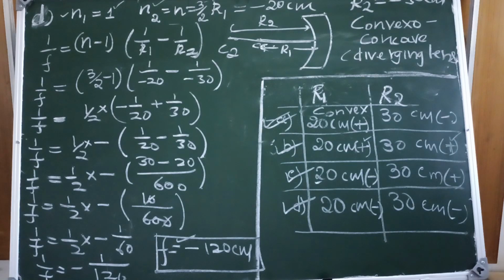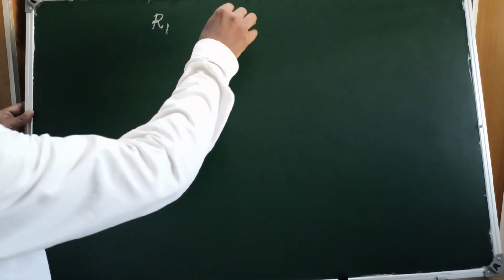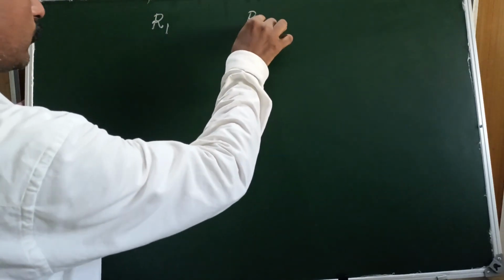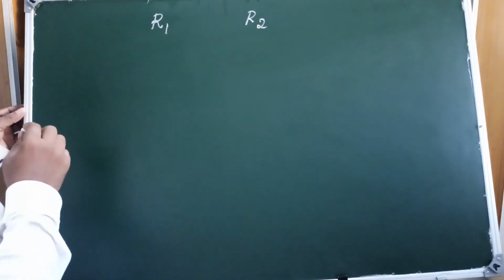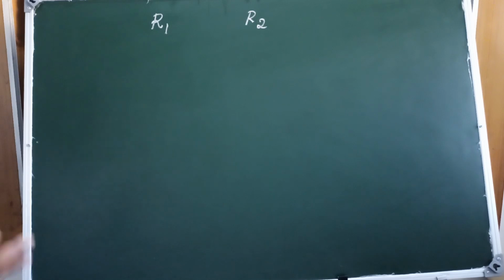Let us go through the points once again. Let us now come to the conclusion. In the question they have given R1 as well as R2. They told that we can manufacture types of lenses using this glass.